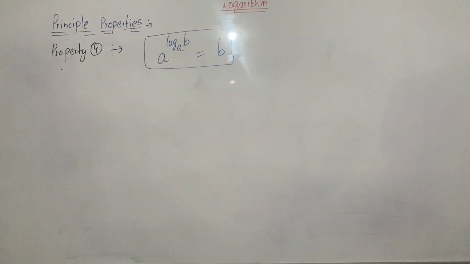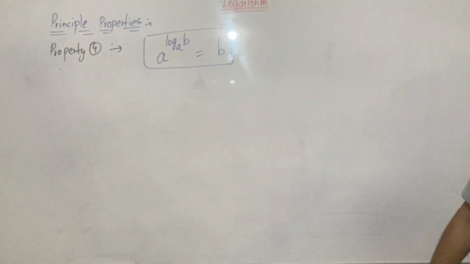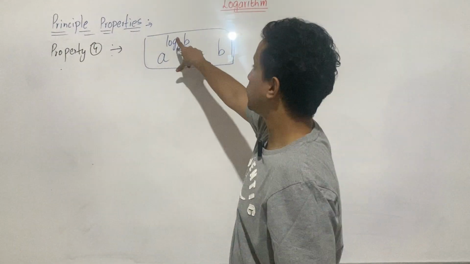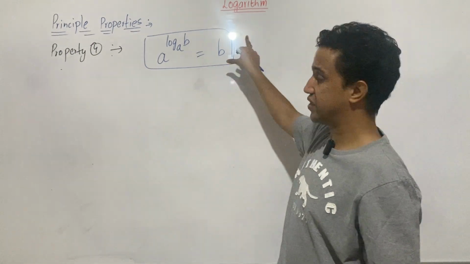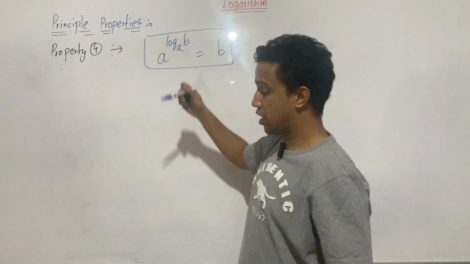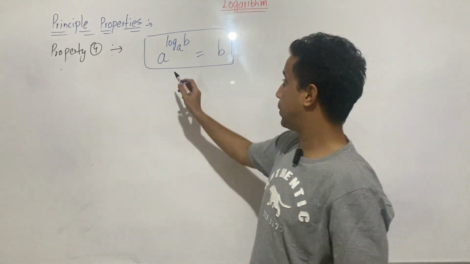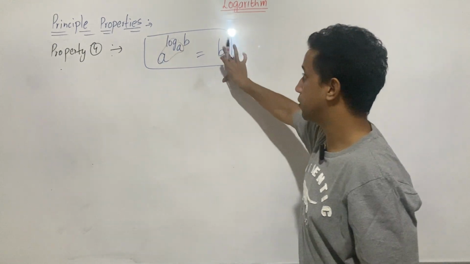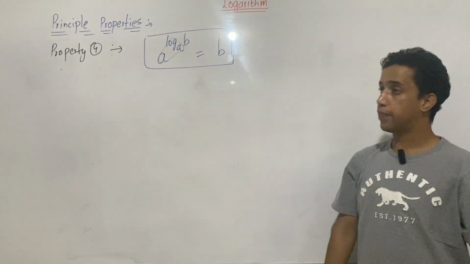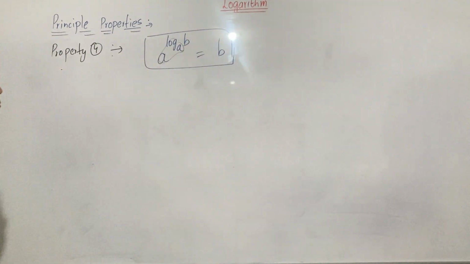So property number 4 says that if you raise a to the exponent log b to the base a, then the answer will be b. What does it mean? It means that something will happen that will automatically cancel this part, and you will be left with b. Okay, so let's see if this is true or not.